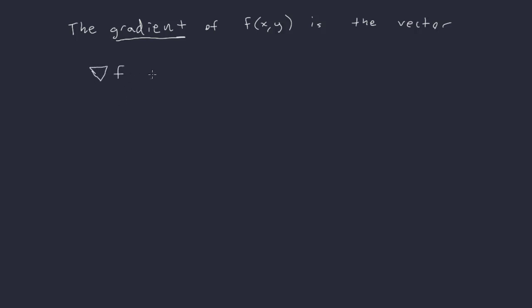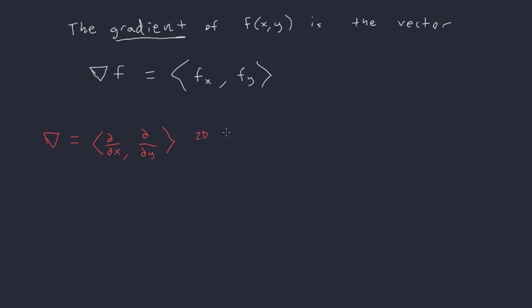The gradient of f is the vector f sub x comma f sub y. This triangle is actually an operator, a vector operator which puts the partial derivative with respect to x in the x component and the partial derivative with respect to y in the y component.